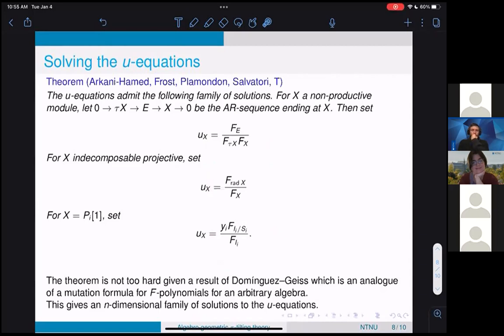And so the proof of this uses a result of Dominguez and Geiss, which is an analog of the mutation formula for F polynomials, but it works for any finite dimensional algebra. And so we feel like this is part of cluster algebra theory, but that works for any finite dimensional algebra.